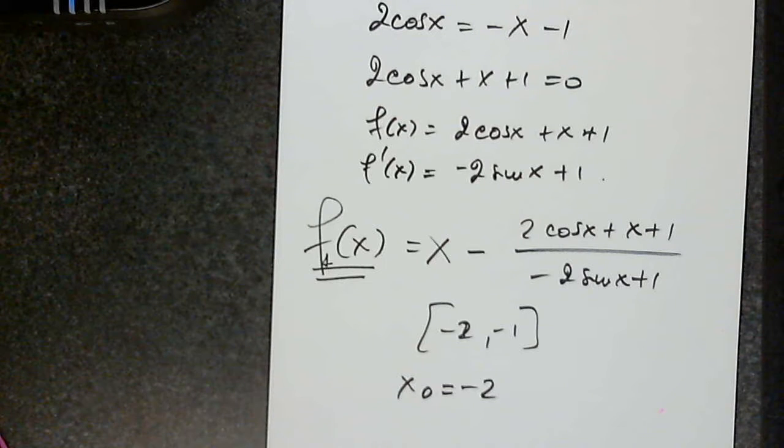X minus, oh, so the function is here. Oh, okay. To the cosine x plus x plus 1, then divided by -2 sin x and plus 1. So now you go to variables, variable function.